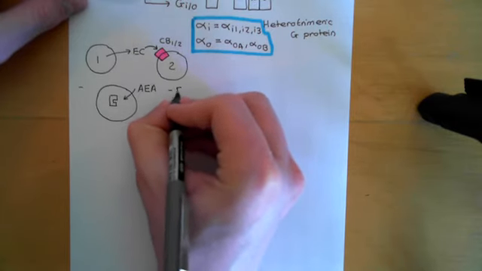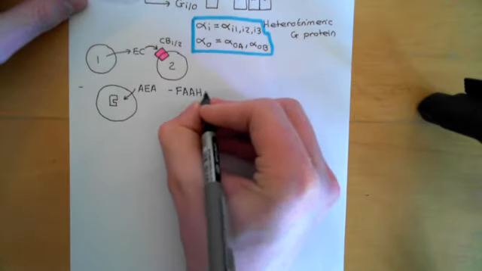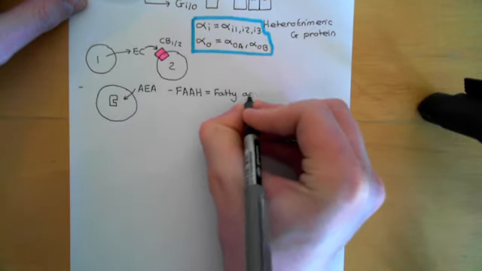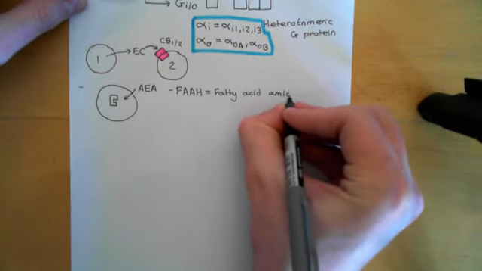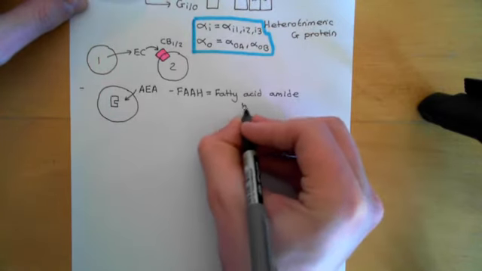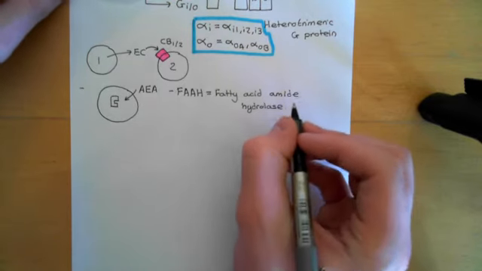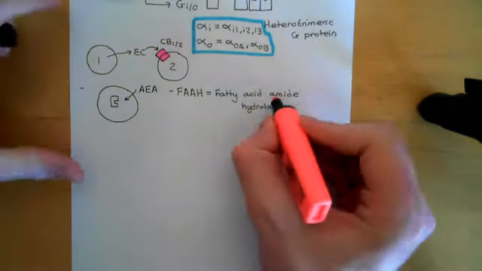Well, it's usually abbreviated down to FAAH, which stands for fatty acid amide hydrolase. This is capable of breaking the bond between the arachidonic acid and the ethanolamine molecule. It's capable of breaking the amide bond.